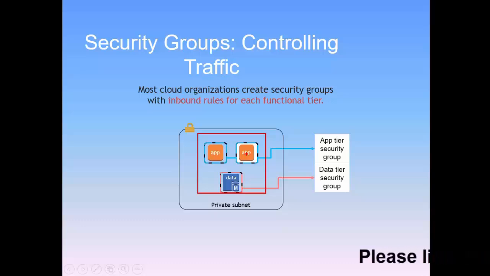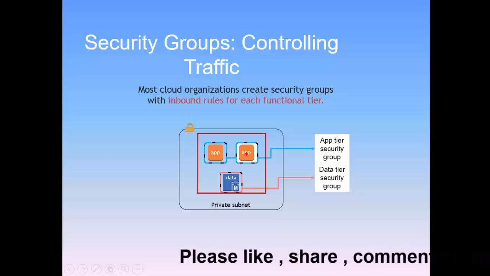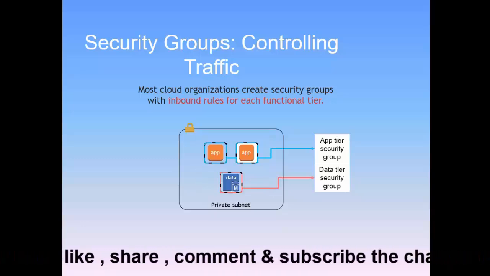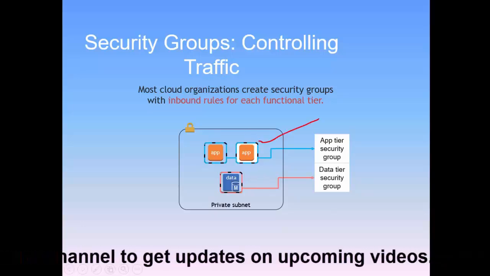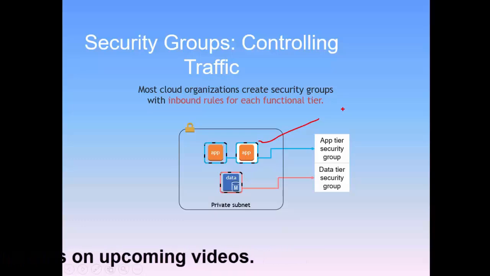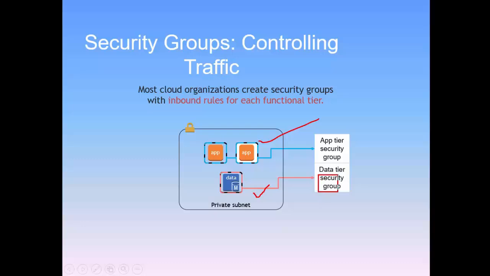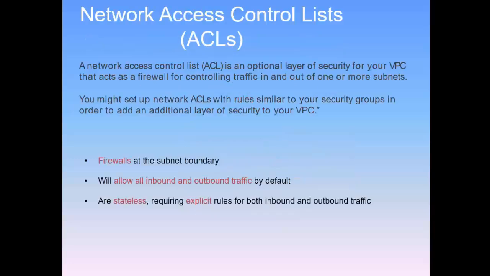According to requirements, like the app server has different permissions, and my database server has a different security group with different rules. So depending on the organization, you can create multiple security groups and connect them with different EC2s. So that is about the security group.